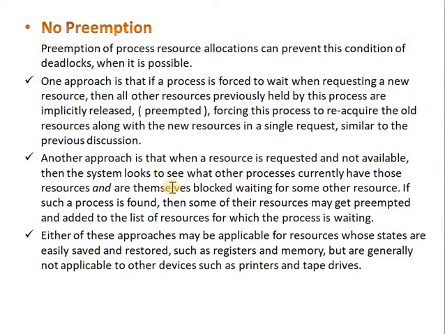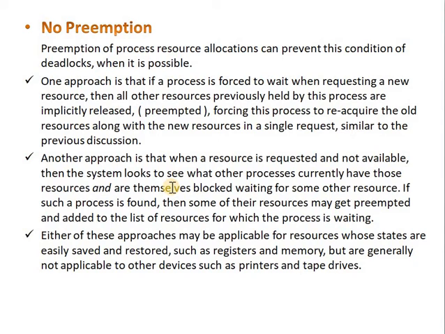The resources will be preempted only if the requesting process requests them, and the process will restart only when it gets the requested resources and its preempted resources. This is the removal of the no preemption condition.